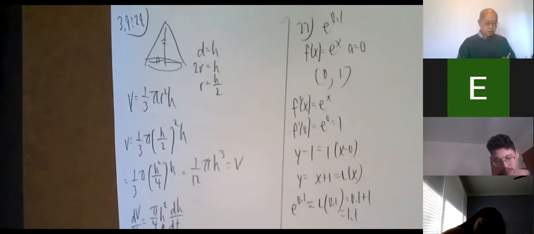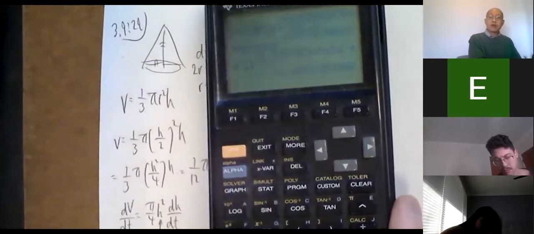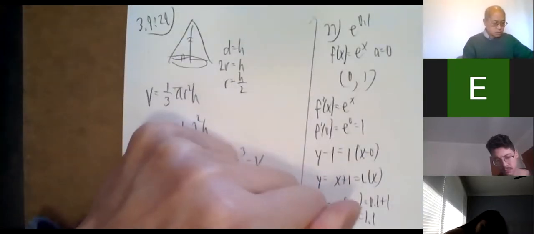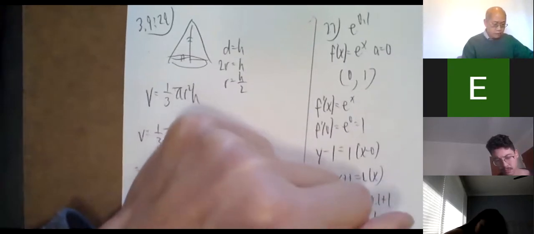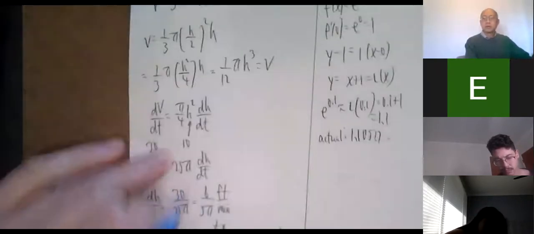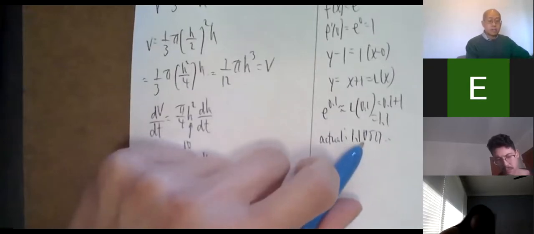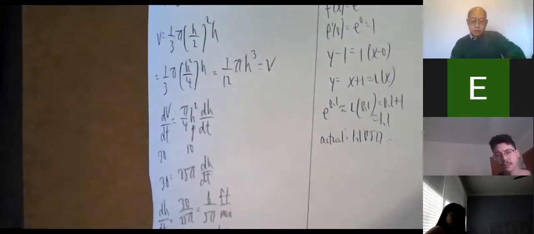Just for seeing how accurate that is, the actual value is 1.10517, something like that. So it's correct to the 10th place, 100th place. It isn't until the 1000th place you get divergence. They're different.